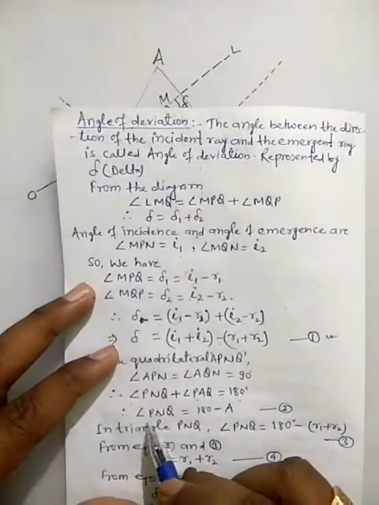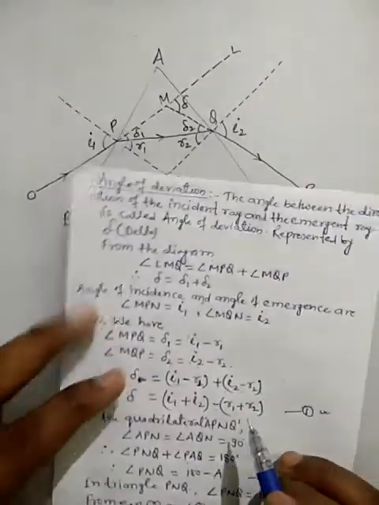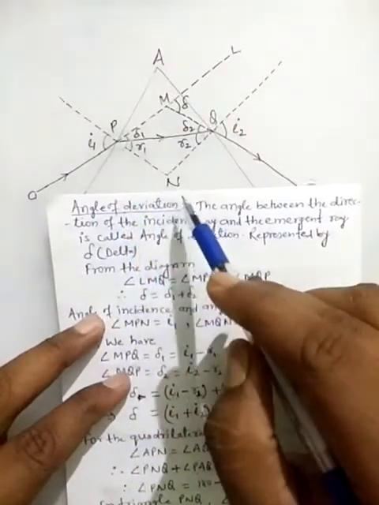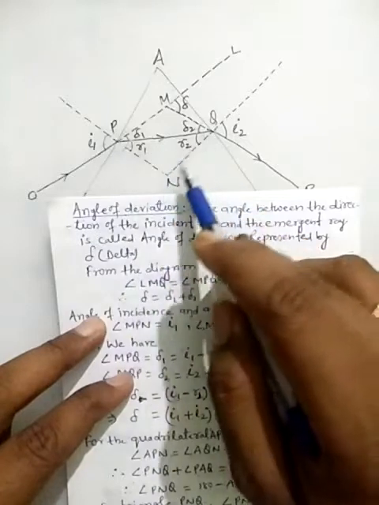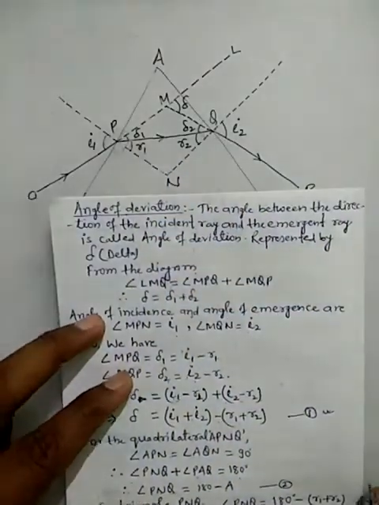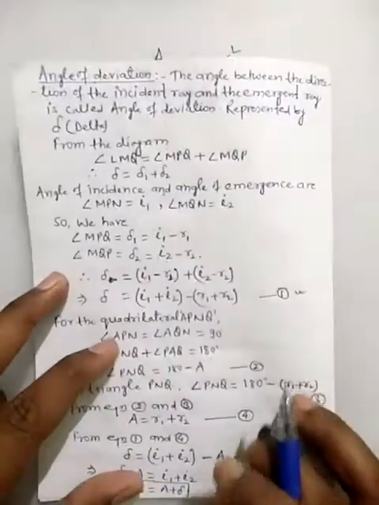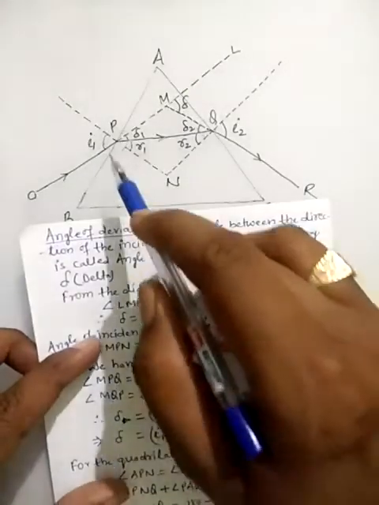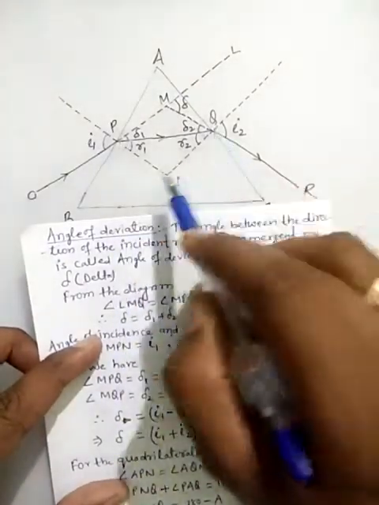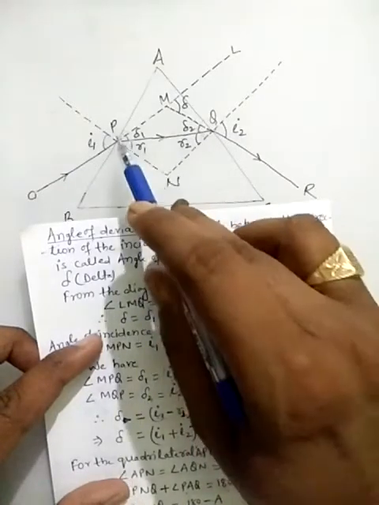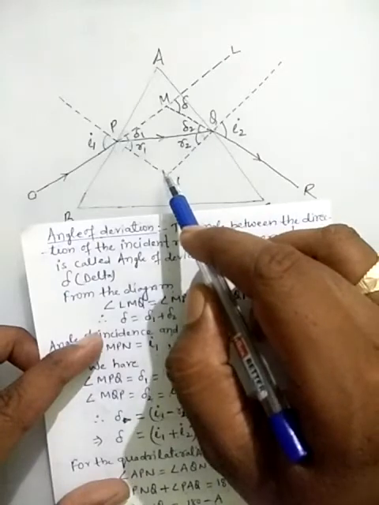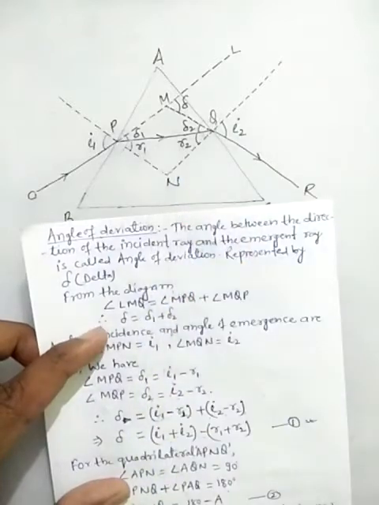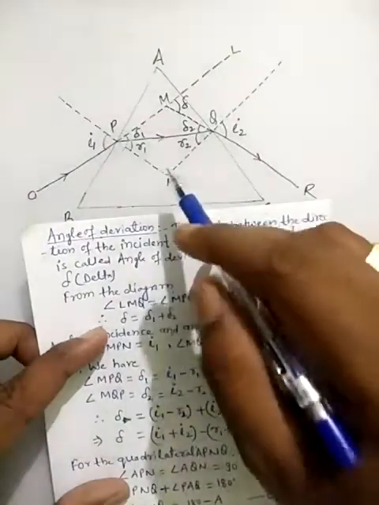Now in triangle PNQ, angle PNQ will be equal to 180 minus (R1 plus R2), because the total sum of the angles in a triangle is 180 degrees, and the other two angles are R1 and R2.